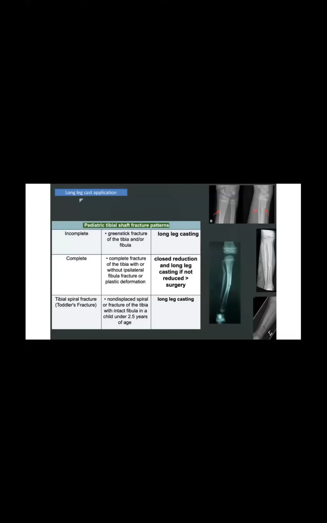Just remember two ways: they ask either incomplete fracture or tibia fracture, and we give a long leg cast. A complete fracture means tibia with or without ipsilateral fibular fracture, so you have to do closed reduction and long leg casting. If it is not reduced, you have to do surgery. They ask the management this way: complete fracture or incomplete fracture. For a tibial spiral fracture, we have to give a long leg cast.